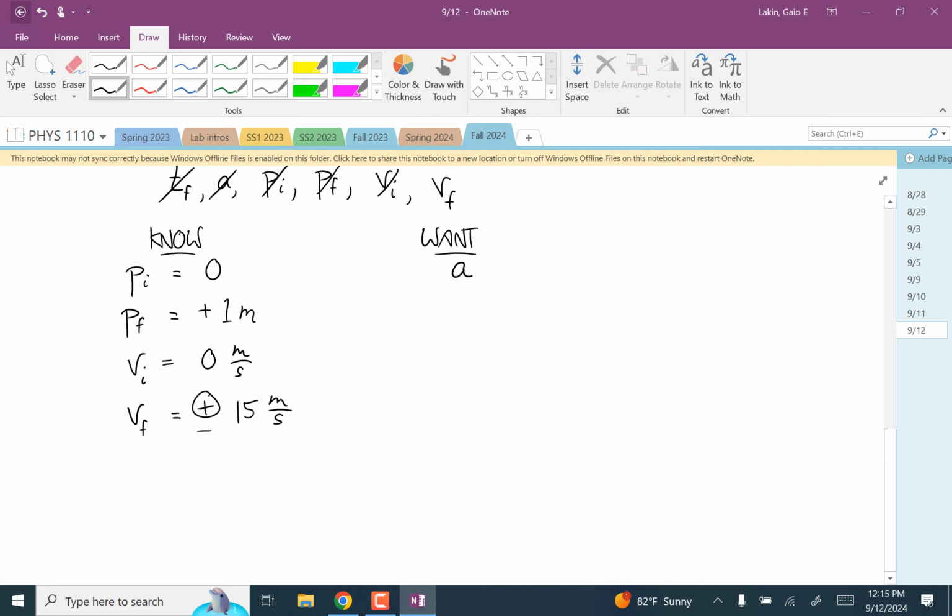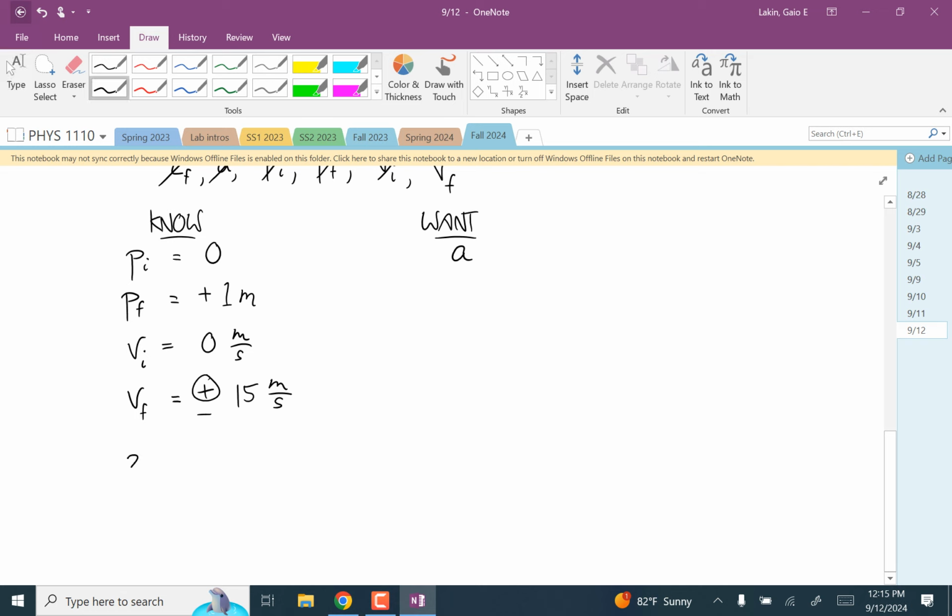And now we're looking for an equation that'll let us solve for A. And the one that should work is 2A times the quantity PF minus PI is equal to VF squared minus VI squared.